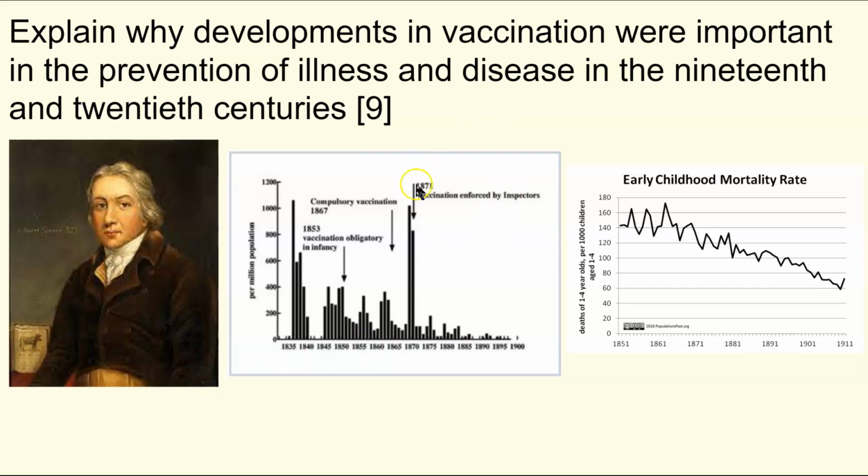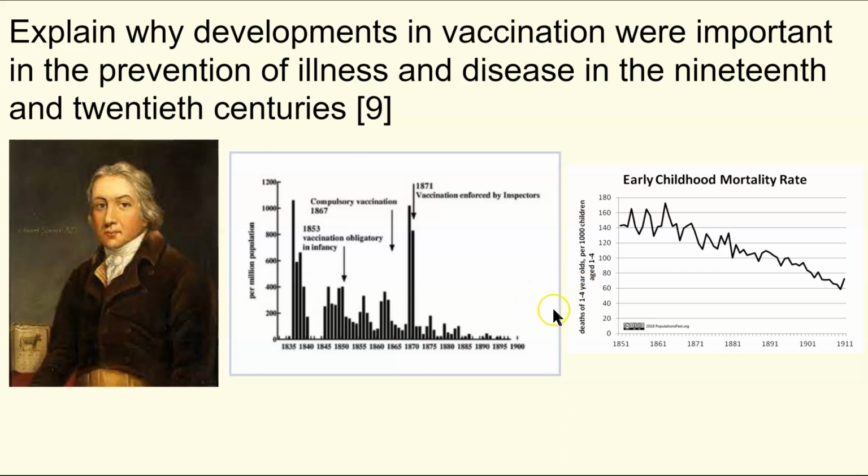Second of all, I have this graph here. The reason why I've got these two graphs, I should say, is because it's talking about why developments in vaccination were important in the prevention. So the fact that it's asking us why it was important means that we have to come up with a reason that shows that this was a significant contribution.